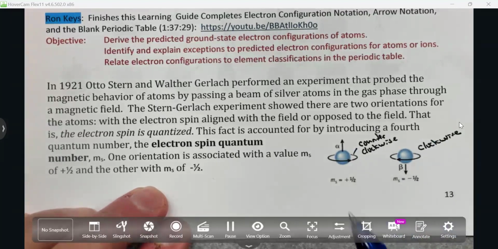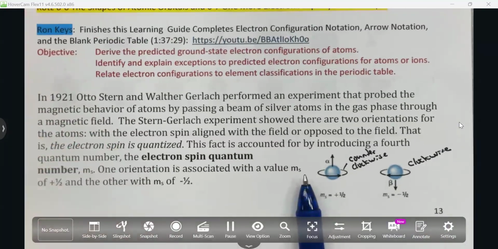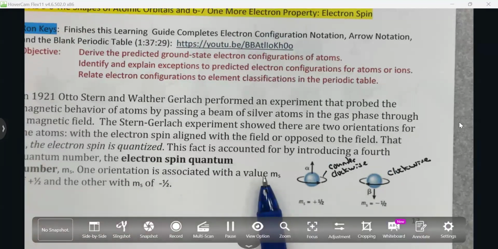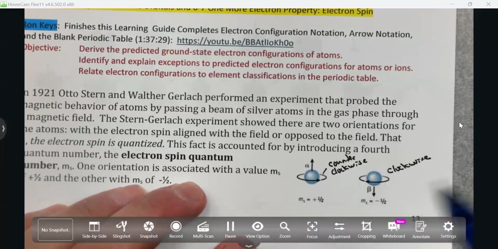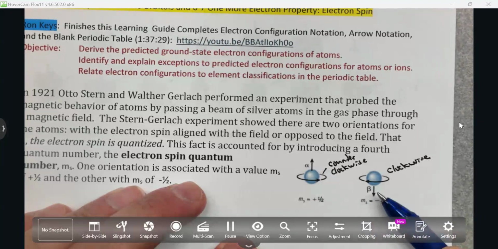Think of this as if you're spinning a basketball on your finger. There are only two orientations you can do. You can either spin that basketball clockwise or counterclockwise, correct? And you've seen people do that. So we are going to signify the spin of the electron with an up arrow or a down arrow.